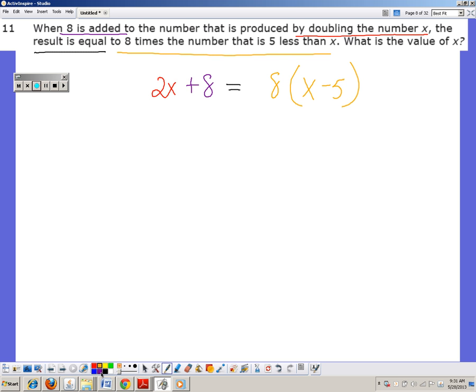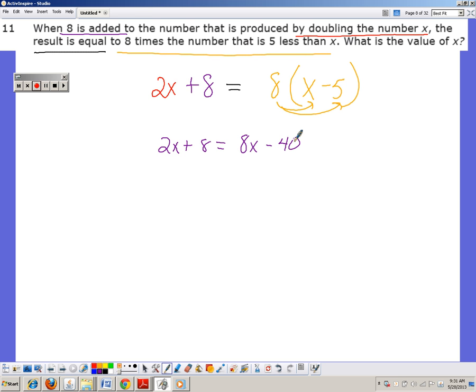Once you have broken this down, then you can solve. So, first step, get rid of the parentheses by doing distributive property. So you will have 2x plus 8 equals 8 times x is 8x. 8 times a negative 5 is a negative 40.